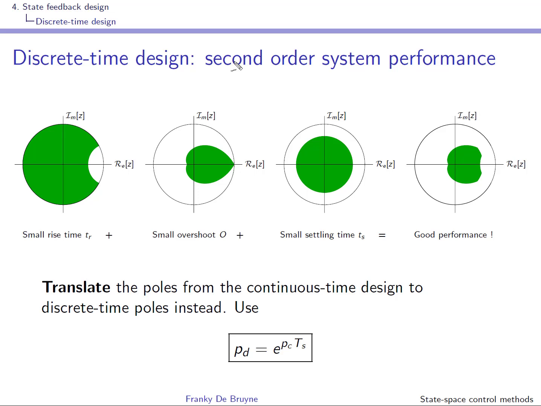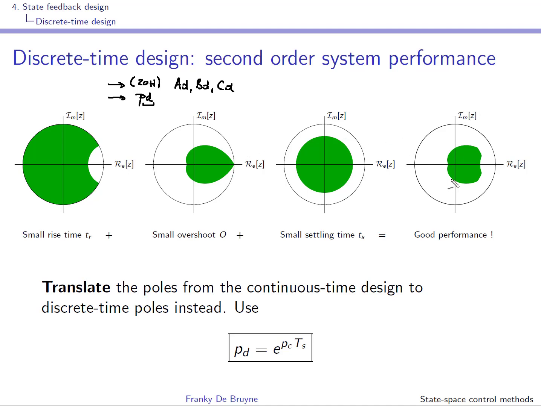One way to work would be to obtain a discrete time realization of the system AD, BD, CD, using the ZOH discretization method, and then assign the poles in the complex Z plane. The subscript D here means that we are doing things in the discrete time world.